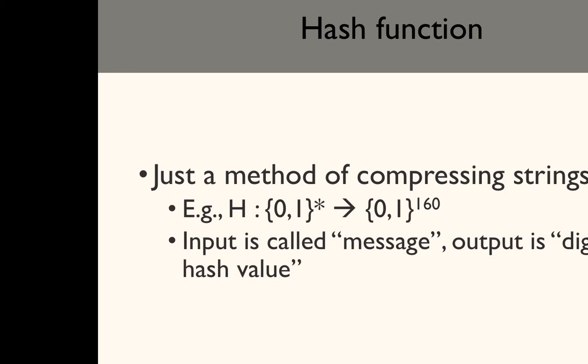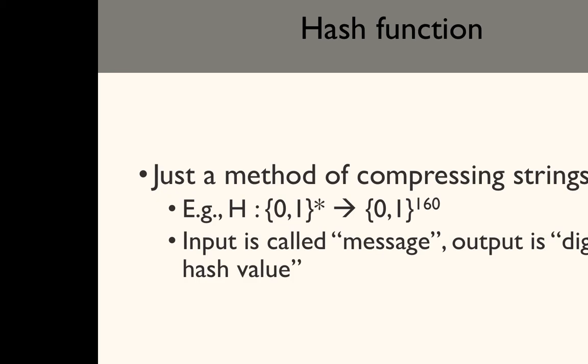So basically, a hash function is just a method of compressing strings. When we say strings, we're not talking about plain English. We're just talking about bit strings. Everything can be represented in binary, right? So we're just talking about binary strings.